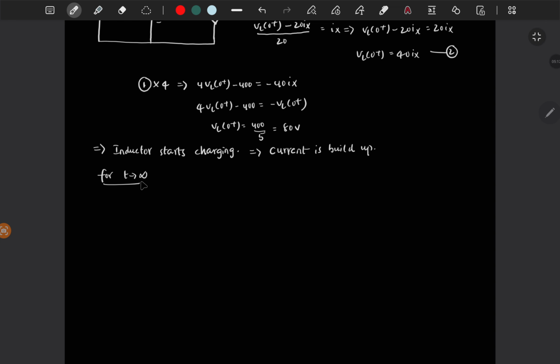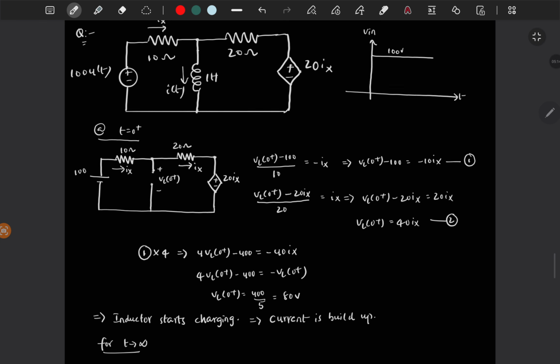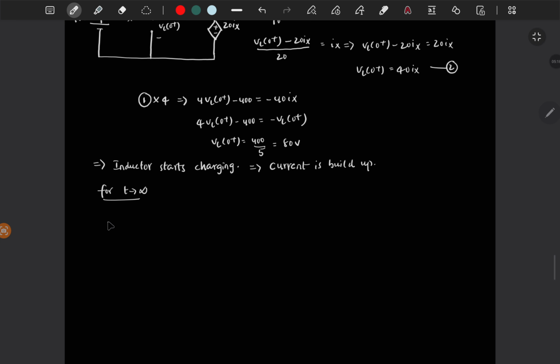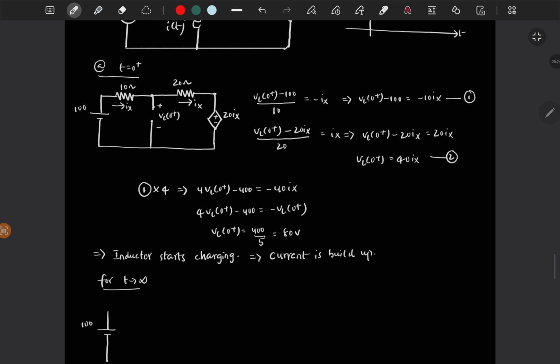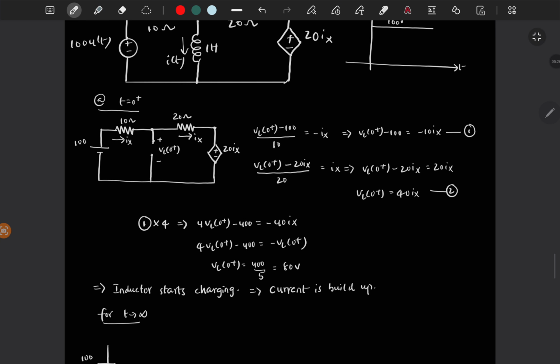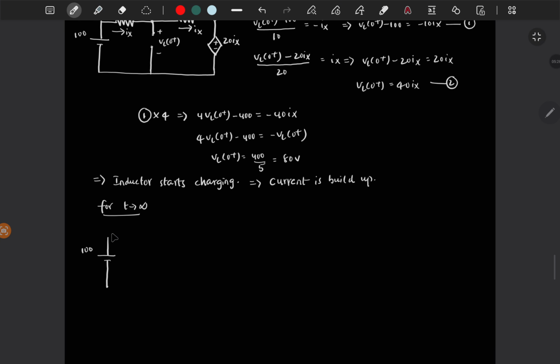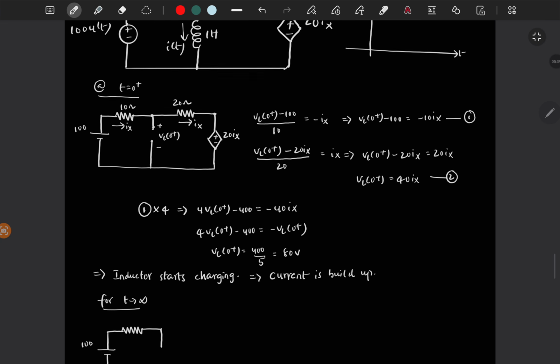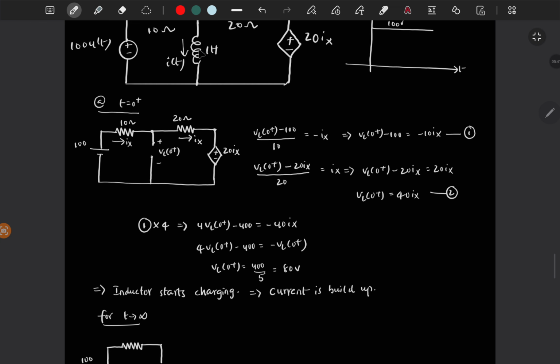For t tends to infinity, the inductor will be short circuited. Why is the inductor short circuited? Because it is completely charged up.